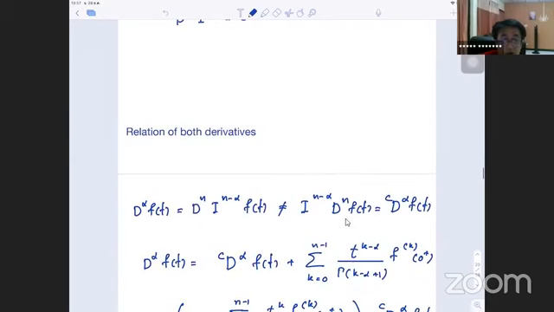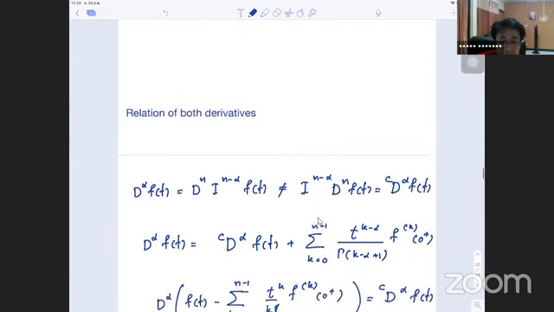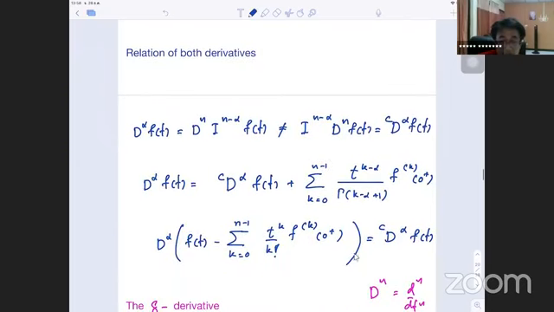But both derivatives are not equal. The difference can be written right here. Okay, this is the initial value.